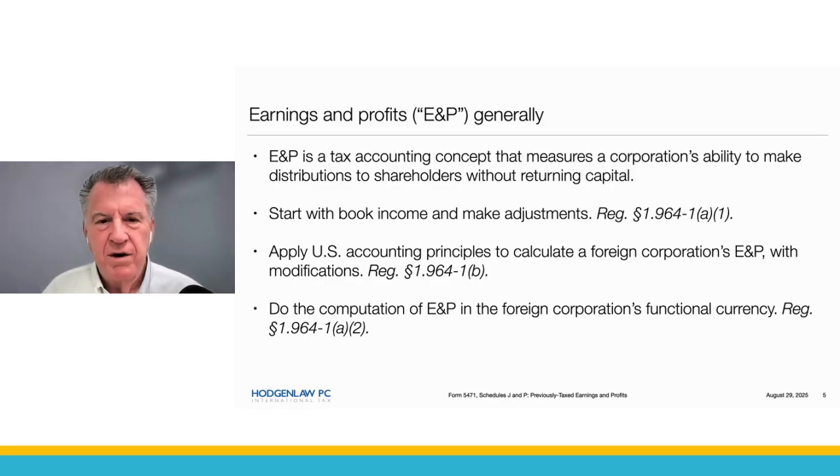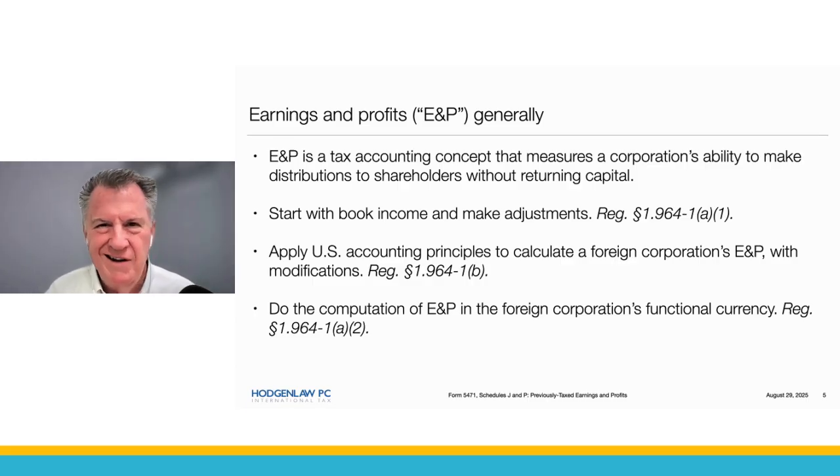We use GAAP to do all of this fun stuff, and you can see the citation to the reg that says use U.S. tax accounting principles, well, accounting principles generally, to calculate the foreign corporation's earnings and profits, so there's no magic. Go look at Reg. section 1.964-1, and you'll see the adjustments, and you do everything in the functional currency of the corporation.